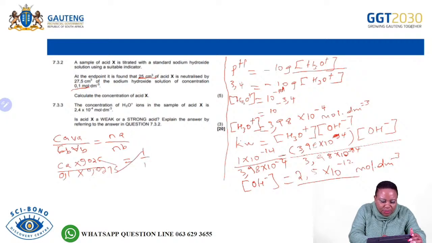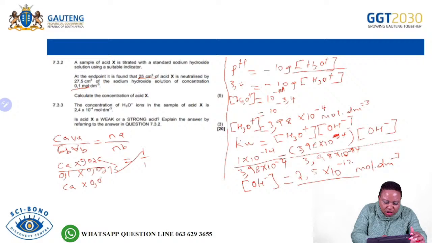So when you cross multiply, it's the same as CAVA is equal to CBVB, because of that reason that the ratio is 1:1. Therefore, for us to calculate the concentration of the acid, CA is going to be multiplied by 0,025, which is equal to 0,1 multiplied by 0,0275.